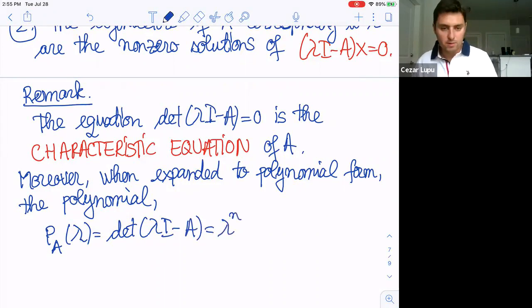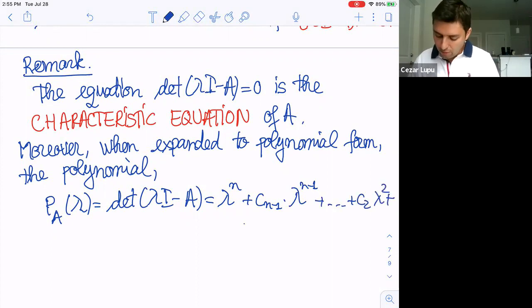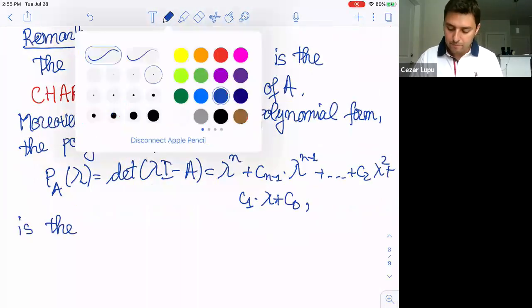It will be a polynomial of degree n, and it will look like this: lambda to the power n plus some coefficient c_{n-1} lambda to the power n minus 1, plus, and we go all the way, c_2 lambda squared plus c_1 lambda plus this coefficient c_0. So this guy is what we call the characteristic polynomial.